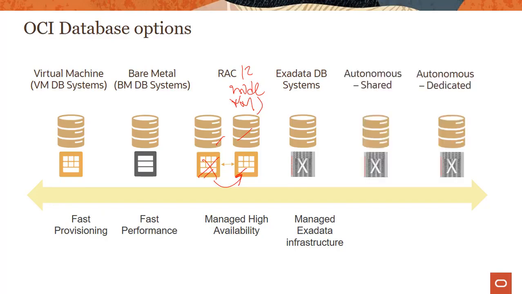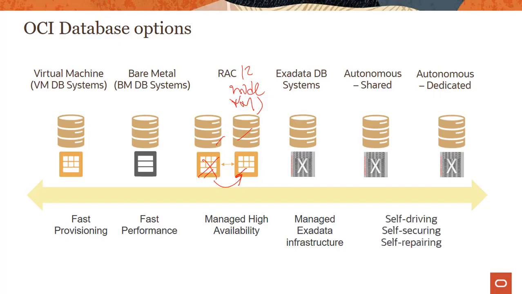And finally, we have autonomous, and the three key characteristics of autonomous are self-driving, self-securing, and self-repairing. Self-driving means we automatically patch, upgrade, and tune without requiring any human intervention or downtime. We also support things like online scaling of CPU and storage.